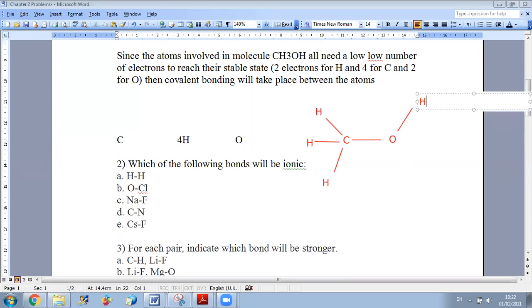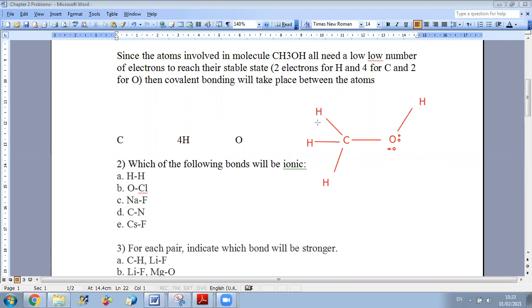So in total, O will share one electron with C and one electron with H. And in this way, of course, we should still present the other electrons. As you can see here, C will share all its electrons, and H also. However, O will share only 2 electrons, and we should present the other electrons on its outer orbit. So it has 4 electrons that are not shared, 4 not shared and 2 shared. So now we can verify that it's a stable structure, since each atom will have a stable set of electrons on its outer orbit.